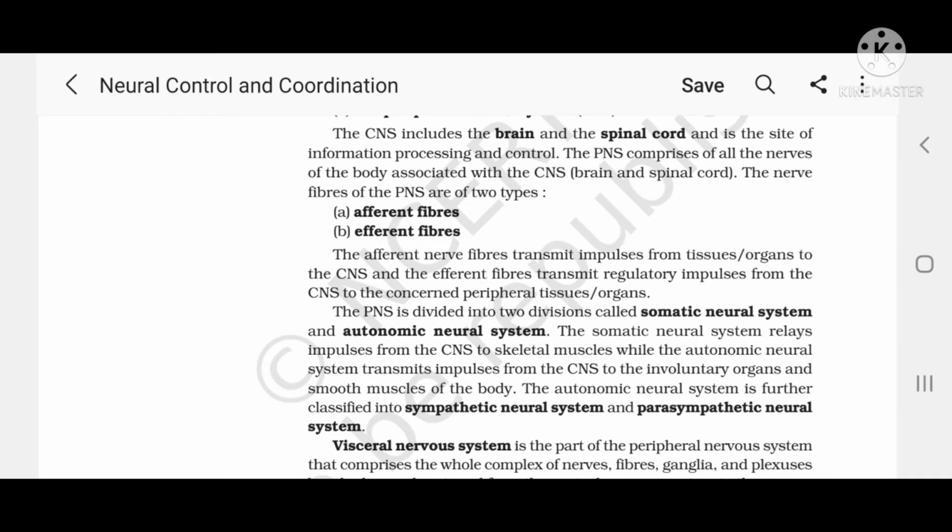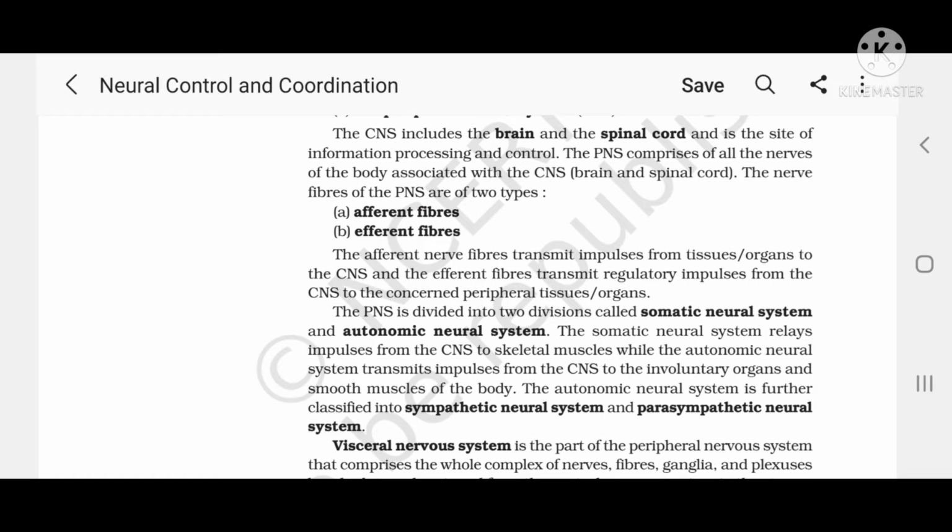The PNS is divided into two divisions called somatic neural system and autonomic neural system. The somatic neural system relays impulses from the CNS to the skeletal muscles, while the autonomic neural system transmits impulses from the CNS to the involuntary organs and smooth muscles of the body.